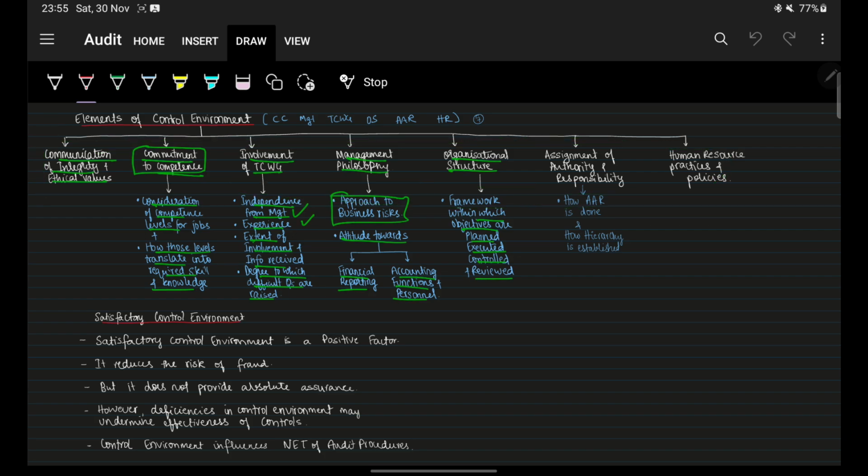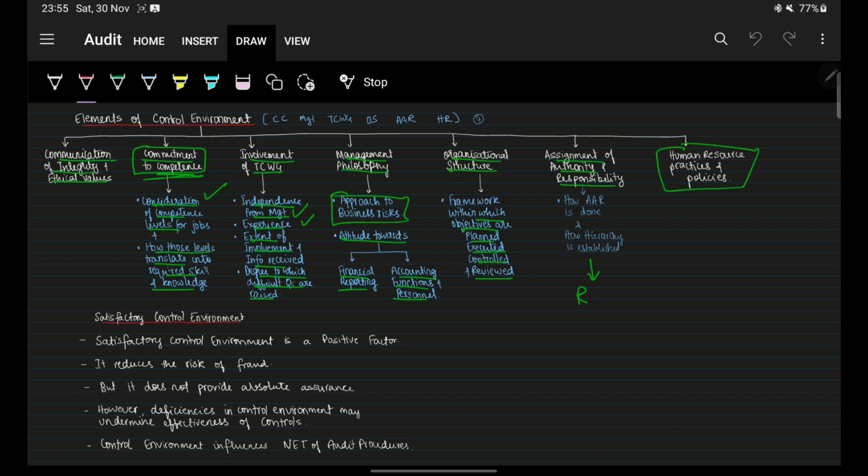Next, assignment of authority and responsibilities. Whether responsibility is assigned based on competence, right? We can go back to this again. Whether there is commitment to competency, or whether they're only giving to related parties or doing some kind of favoritism. And lastly, human resource practices and policies.